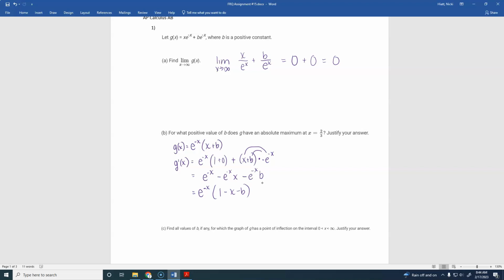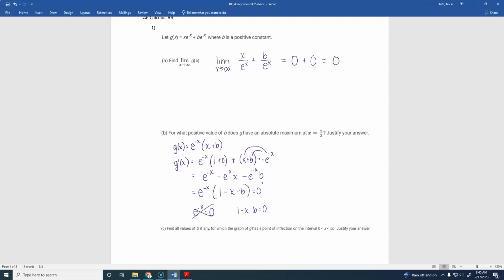And so for this, when you're looking for maximums and minimums, you're looking for where the derivative equals 0, because that's where it may switch from positive to negative. So if we set this equal to 0, you would have e to the negative x equals 0 and 1 minus x minus b equals 0. E to the negative x never equals 0.